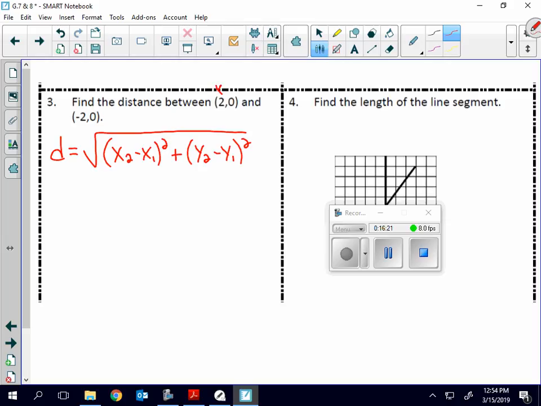We have x1 here, y1, and x2, y2. All right, so x2 is negative 2, subtract x1, and y2 is 0, subtract y1.